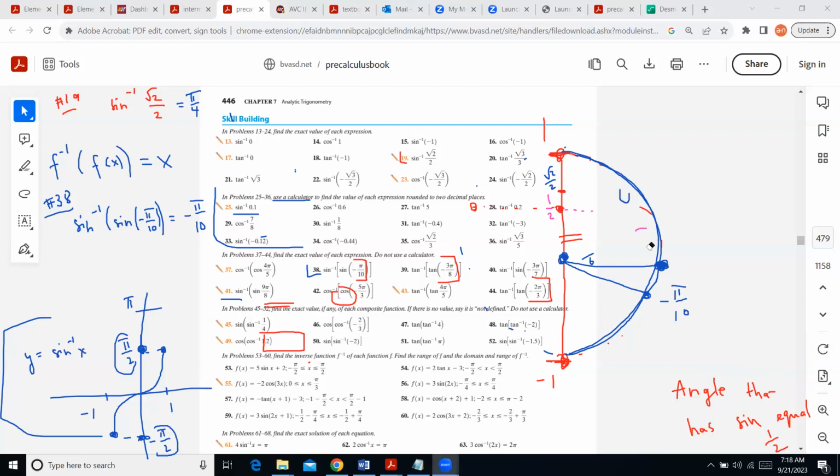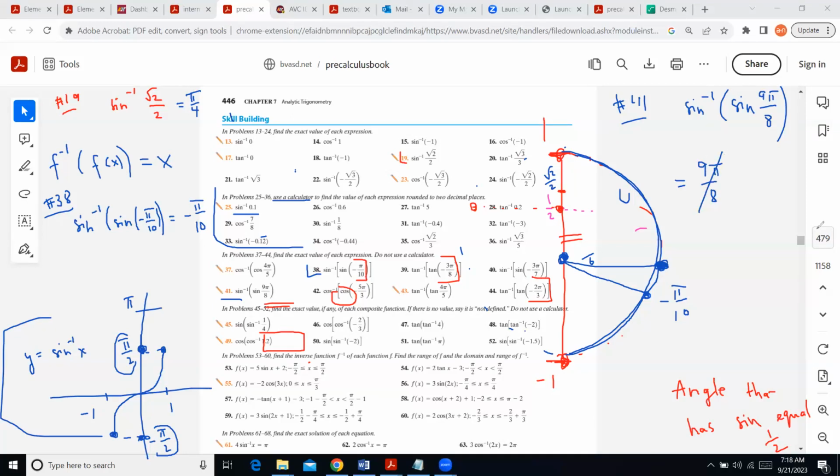You also apply an inverse function in 41, inverse sine, to the function sine of 9 pi over 8. And when you say, oh, they're inverses, so it should be 9 pi over 8.